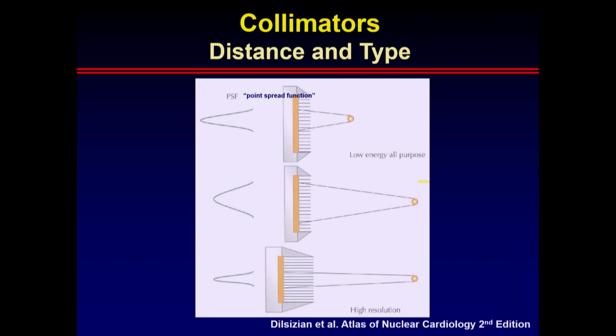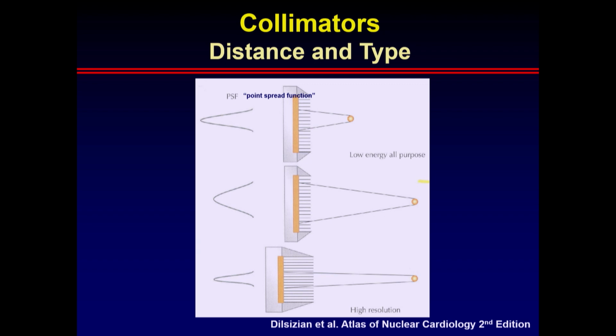Now look at the middle, at what happens when you take that same collimator but move the source further away from the collimator. Look how wide that point spread function now becomes. Now if you go to a high resolution collimator, but keep the point source at the same distant point from the collimator, look how narrow the point spread function becomes.